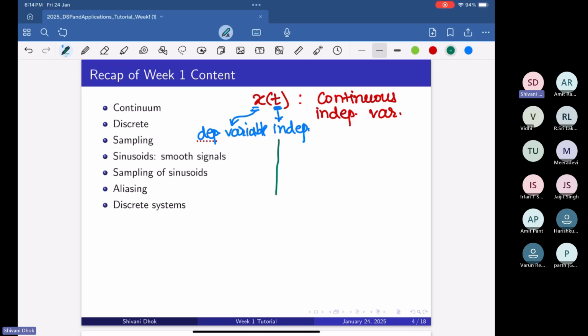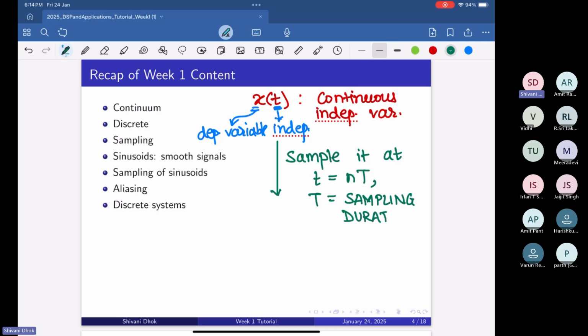So what we will do is we will sample it at time instance t equal to nt, where this capital T is known as the sampling duration. And it will give us x square bracket n, which will be the values of x which are obtained at time t equal to nt.